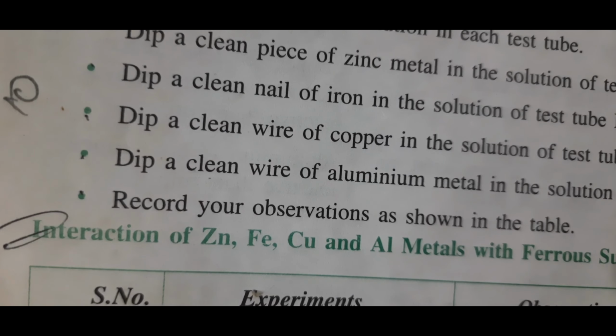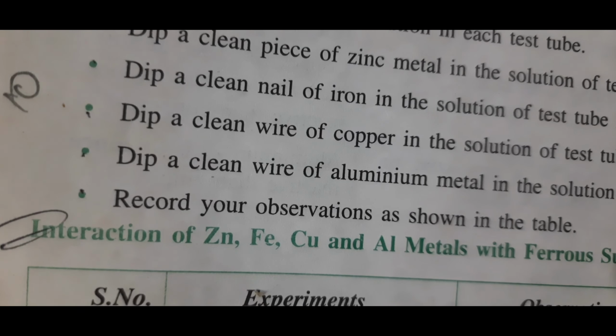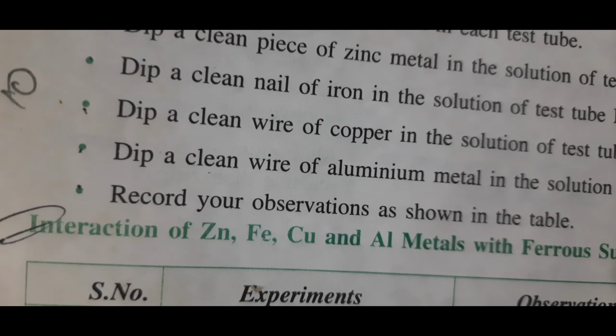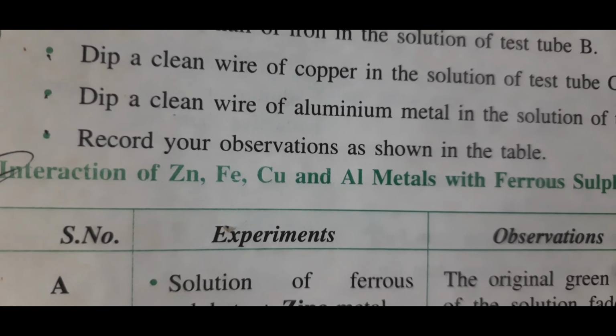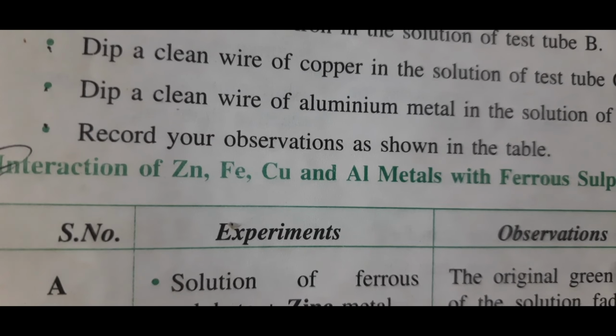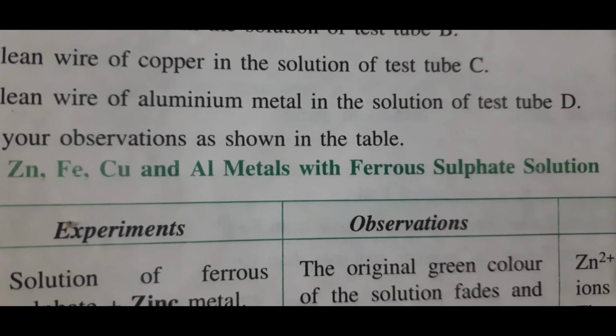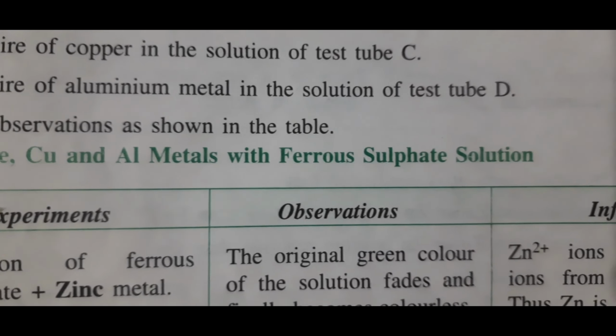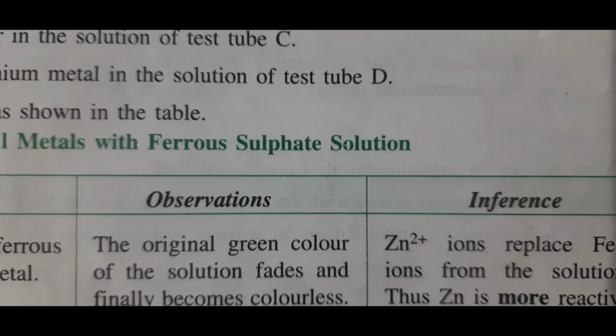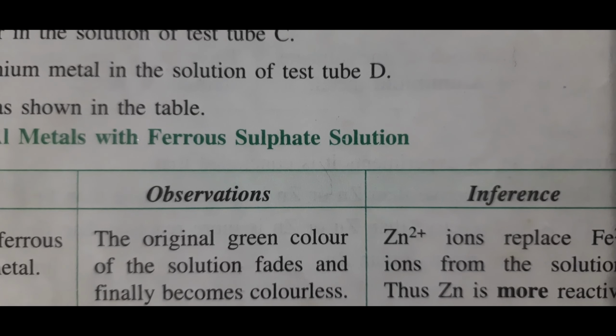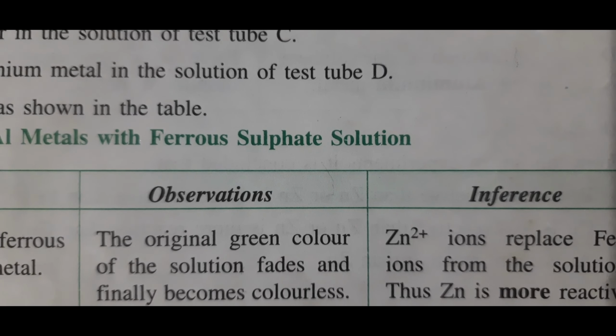You have to write interaction of zinc, iron, copper, aluminium metal with the ferrous sulfate solution. Now make a chart like serial number, experiment, observations and inference. Pause the video, make a chart.